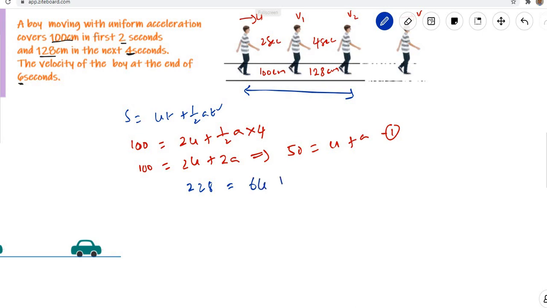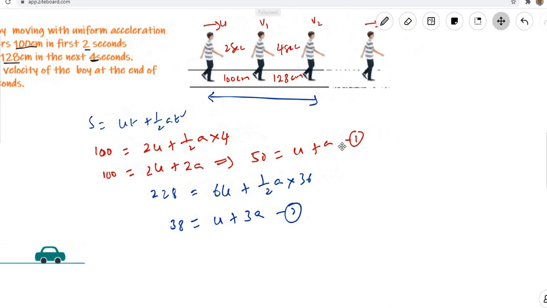So 228 = 6u + ½a × 36. If you simplify that, 6 threes are 18, so 38 = u + 3a. Let us take it as equation 2.